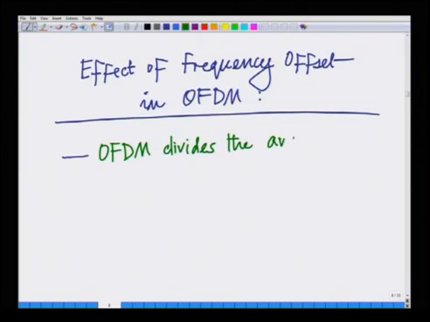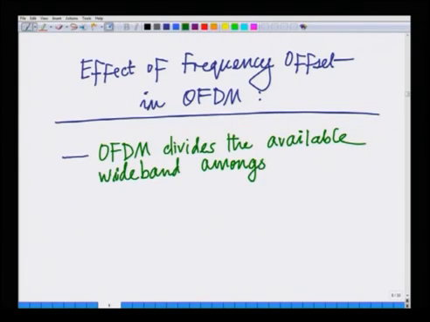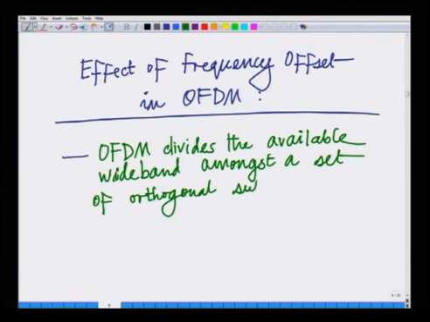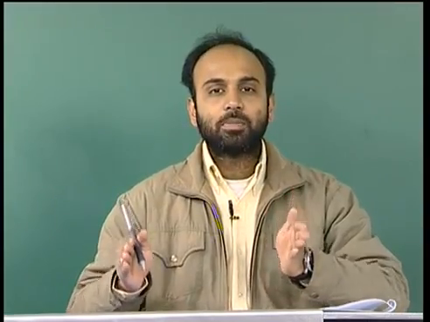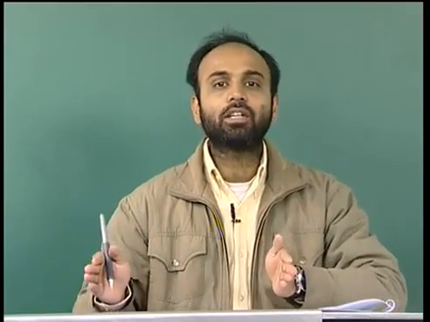So, what OFDM does, as we have already seen, is divide the available wide band into smaller portions, narrow bands or smaller sub bands, amongst subcarriers which are essentially orthogonal.